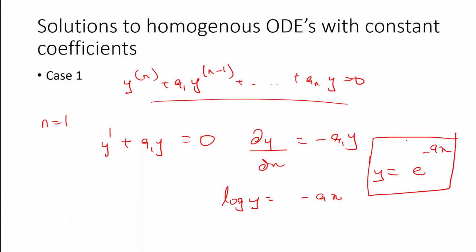So if n equal to 1 is giving us an equation of this form, and I told you already that there will be n such solutions if you have the nth derivative, y1, y2, y3, then we can say that all of them will follow the same style, e to the power some constant times x. So we make an ansatz, or a guess, as it's called.